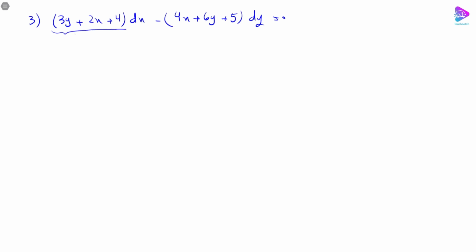So let's take a look at one last example. Let's change it a little bit. So as you can see, this is my line 1 and this is line 2.